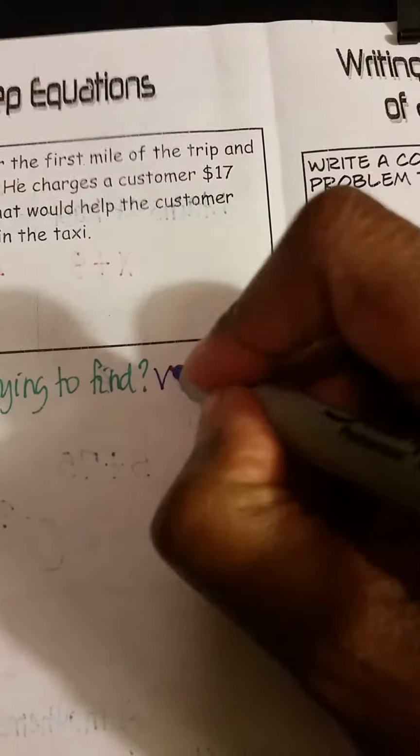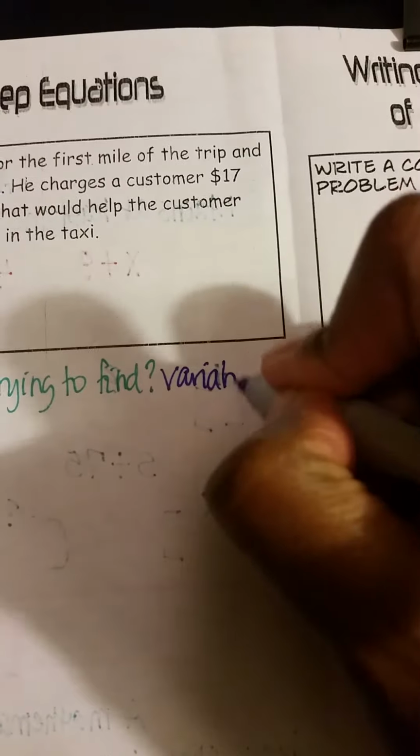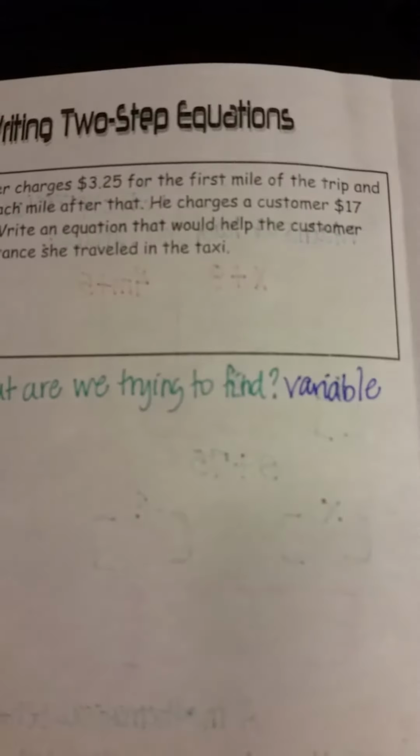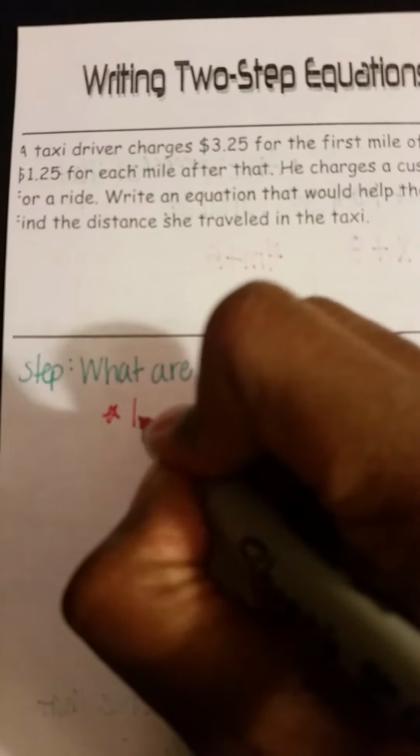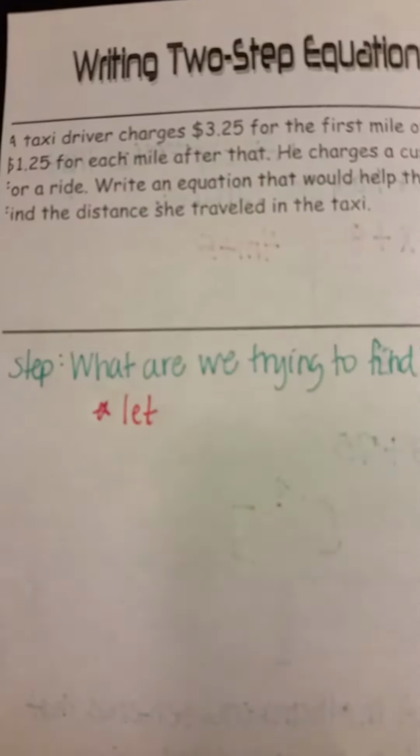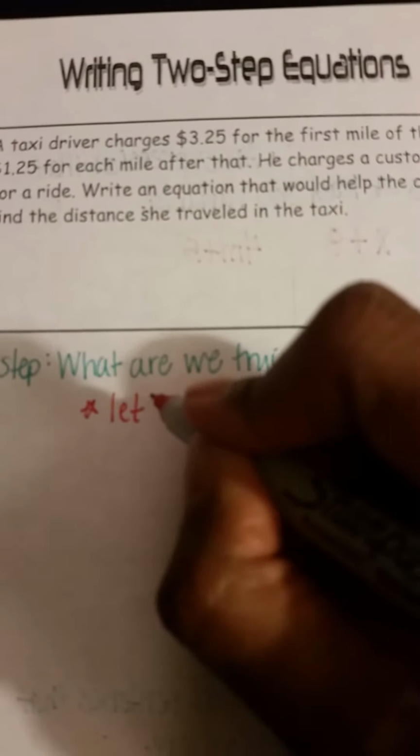Our variable is what we're trying to find, and we can use any letter for that. We're trying to find the distance that she traveled. So we're going to let D, because it's talking about distance, be the distance.